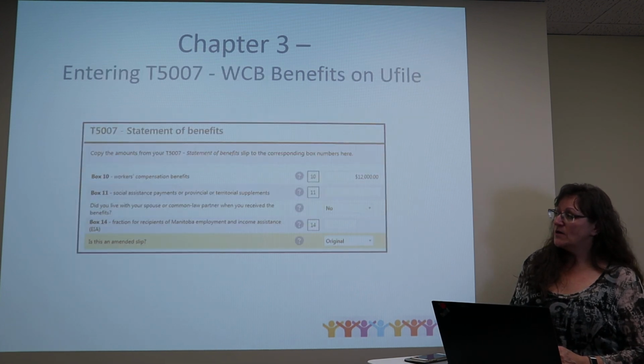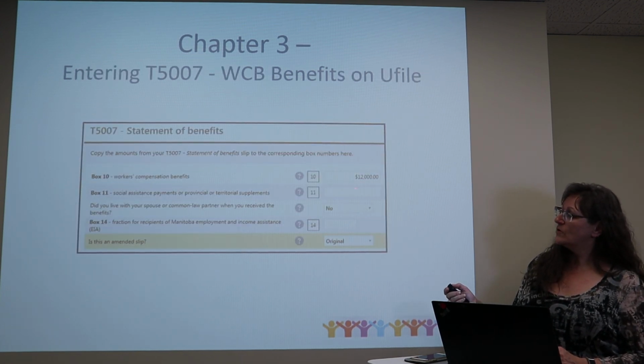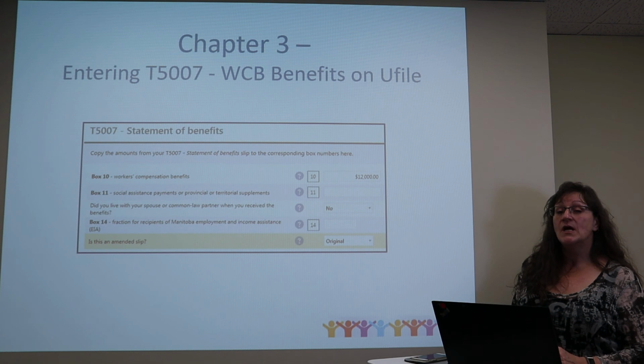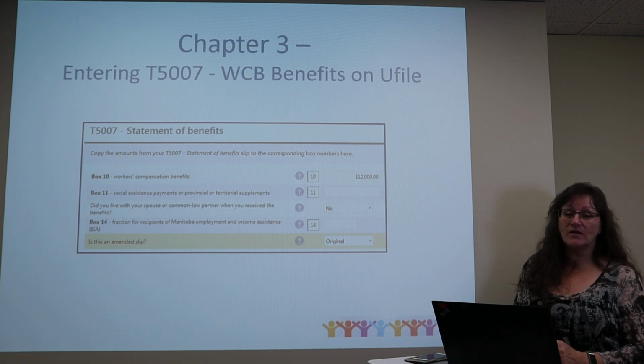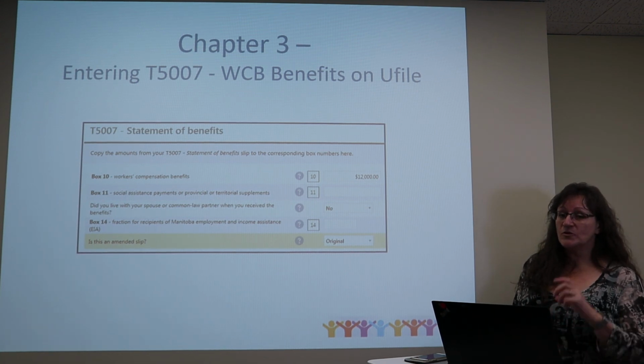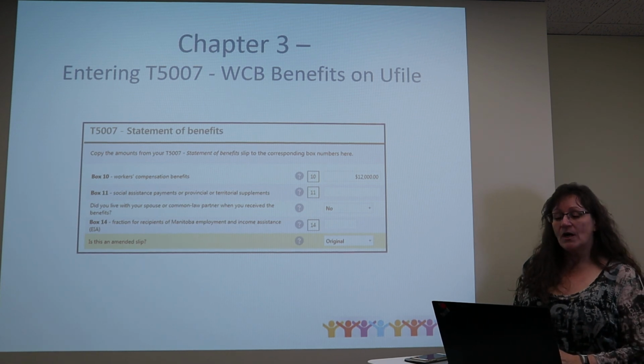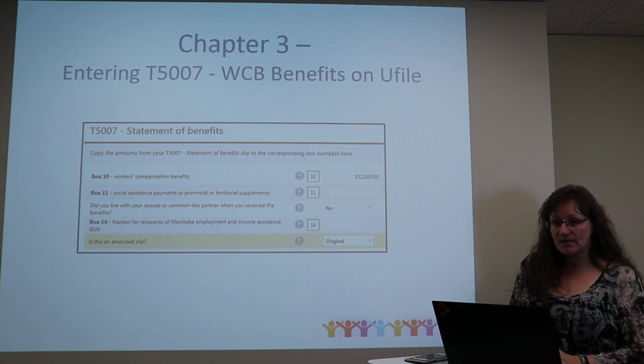So it'll be entered in our software very similarly, except of course it is in our workers' compensation field instead of social assistance, and then we can not worry about box 14. And the software will allow us to correctly calculate this because the connection between box 14 is only when there's something in box 11.